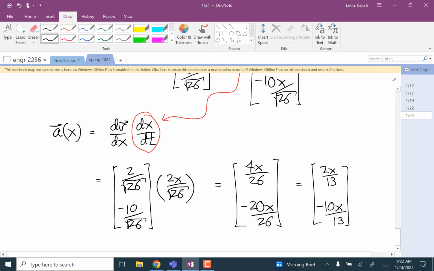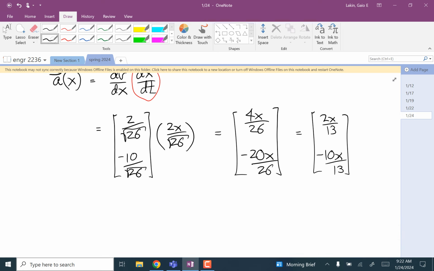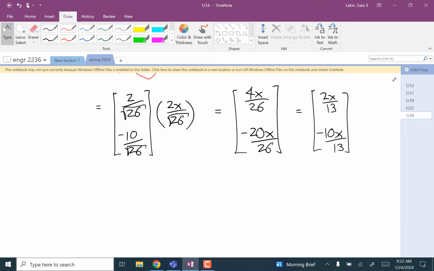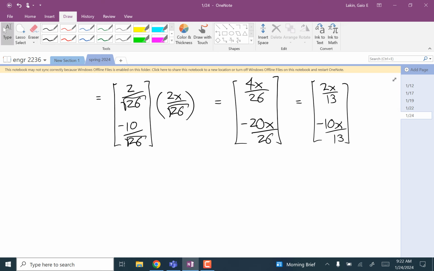If we had a position vector in terms of x and y, can we still solve this? We're not going to do that in this class, but what if you had, let's say your velocity vector, you could express it like this.